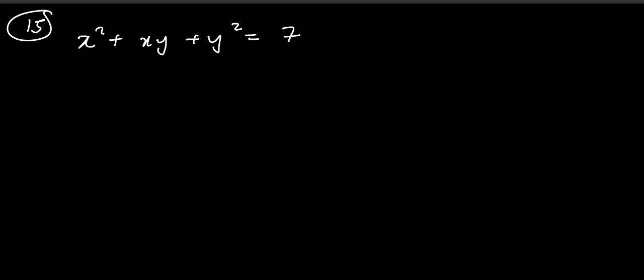So if you have x squared plus xy plus y squared is equal to 7, this is number 15. Where we're intersecting the x-axis, y is equal to 0, meaning wherever there's y, put a 0. This is going to give us x squared is equal to 7.